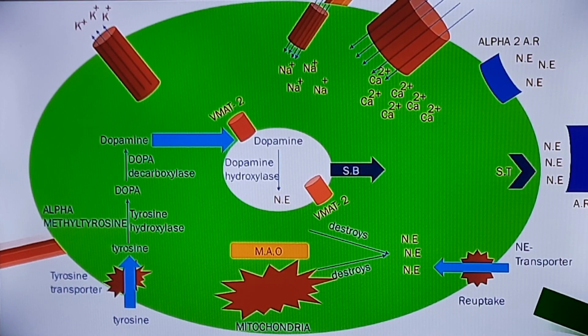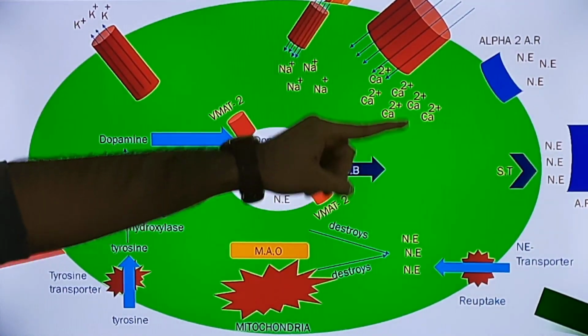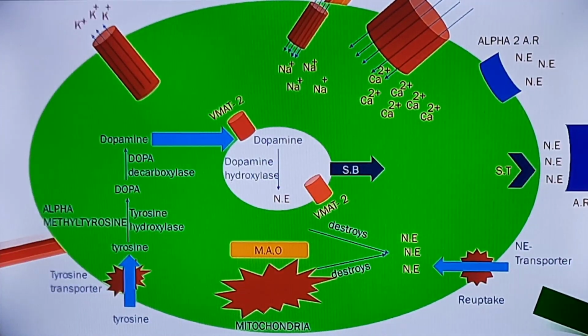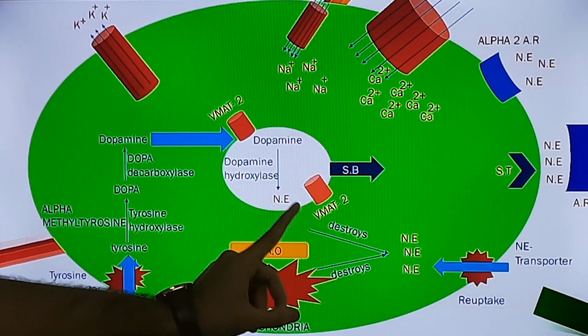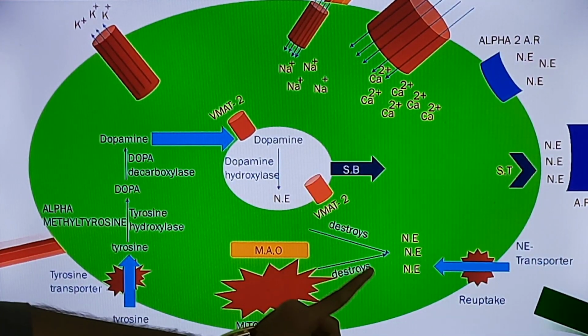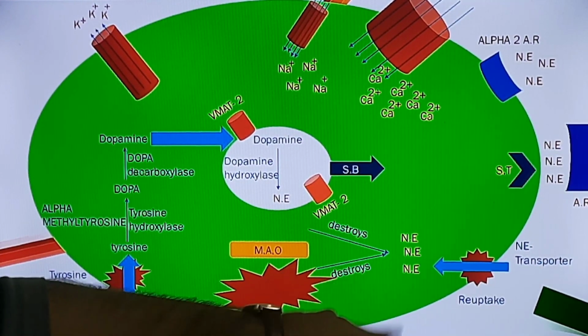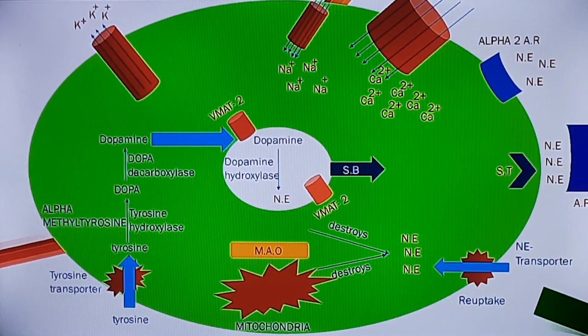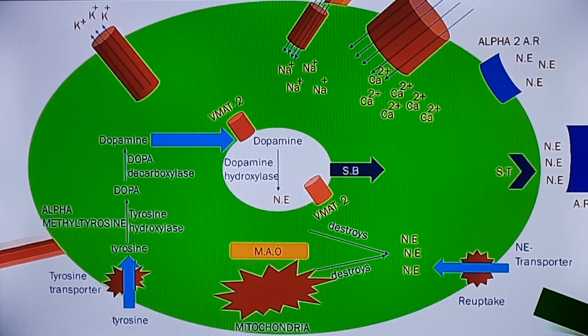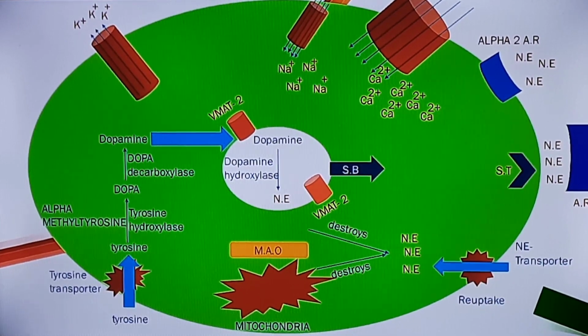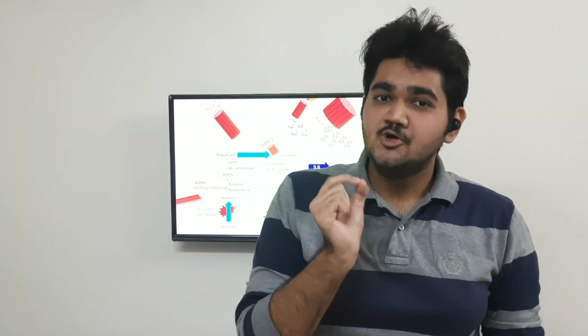The majority of our norepinephrine is again retransported, or we can say reuptaken, back into our nerve ending, and this transporter which does the reuptake, we call it the norepinephrine transporter, and in short form we call it NET, NET.